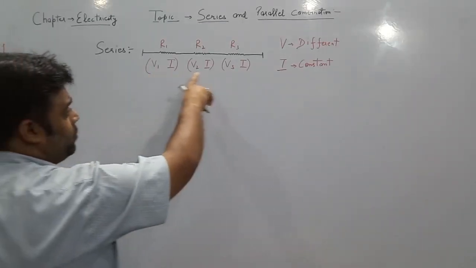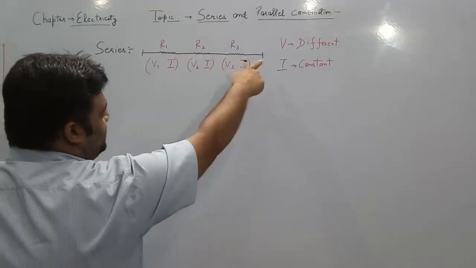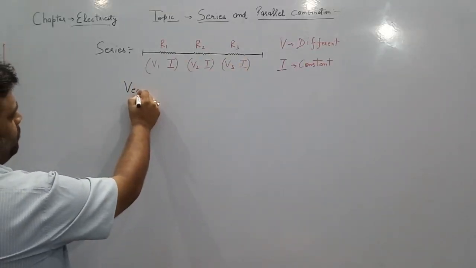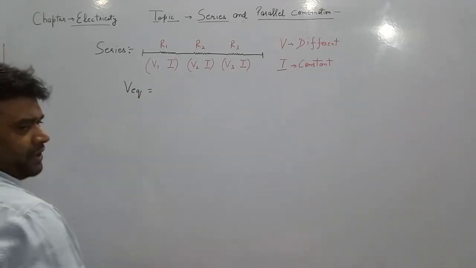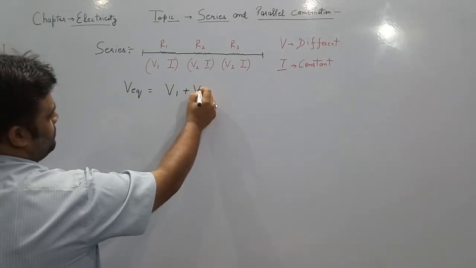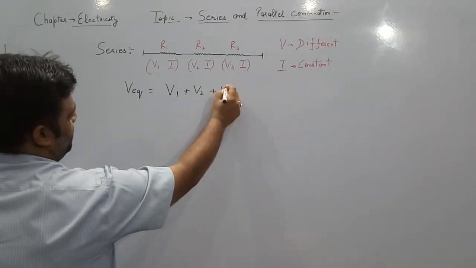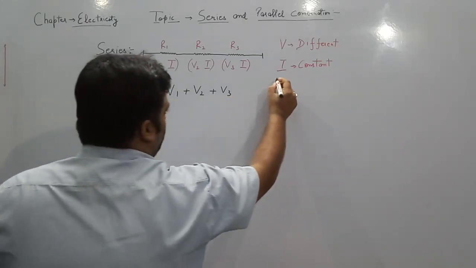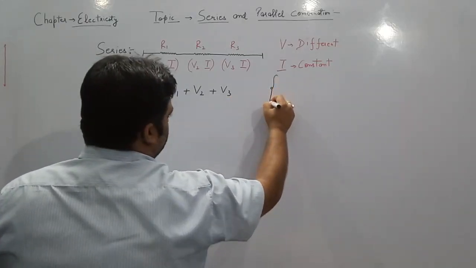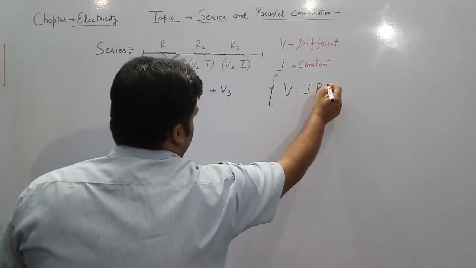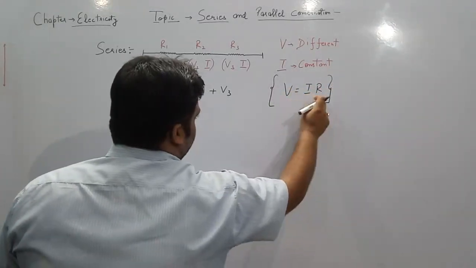If we have to find total potential difference between these two points, then we'll take V equivalent, that is total potential difference. It will become V1 plus V2 plus V3. According to Ohm's law, potential difference V is equal to IR.